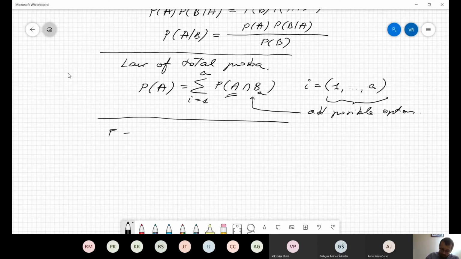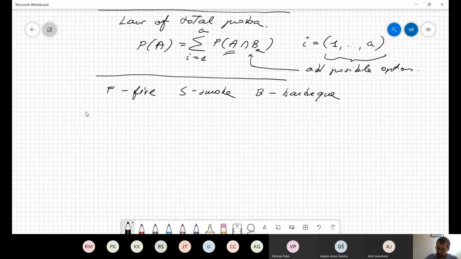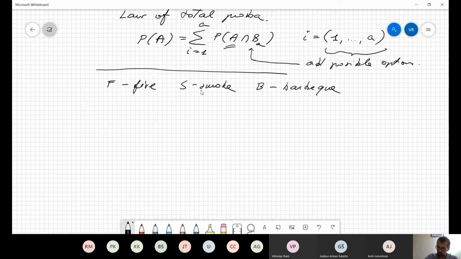So basically, F is a fire, S is a smoke, right? And B is a barbecue. Now it's springtime, so people are quite eager to go to the barbecue place to have hot dogs and whatever else. So you can observe smoke coming from the barbecue or from a fire, right?